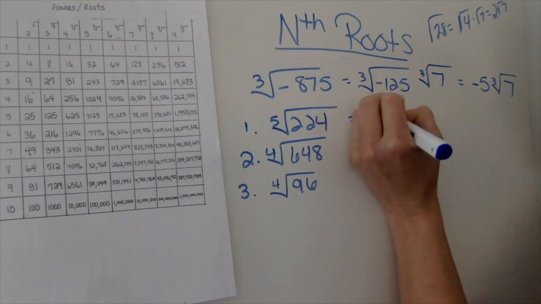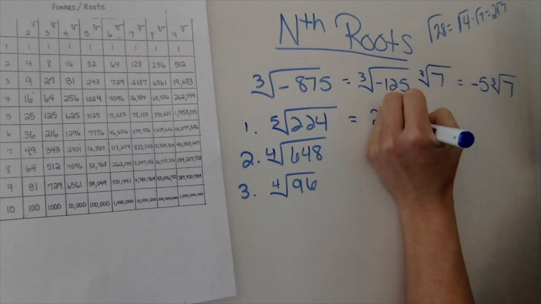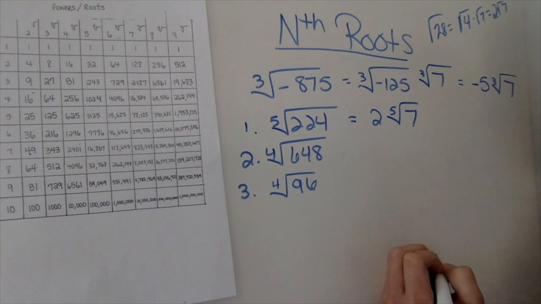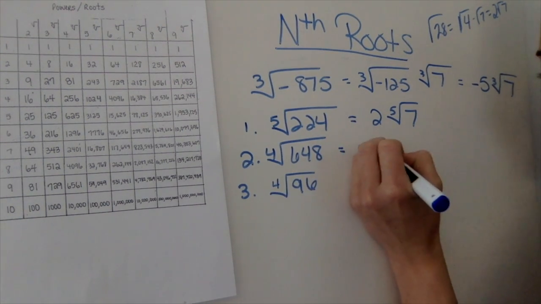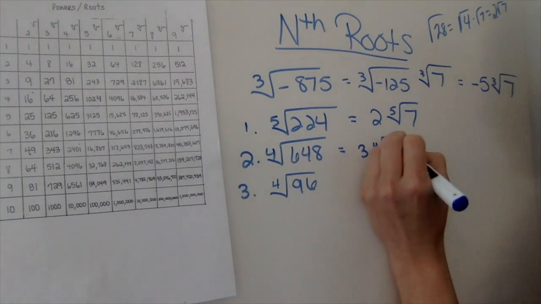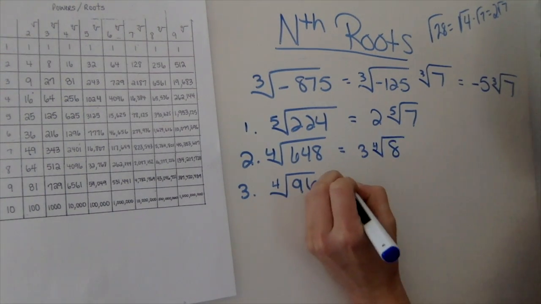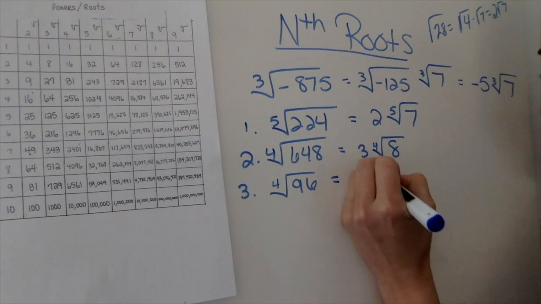Okay, so final answer, we get 2, 5th root of 7, 3, 4th root of 8, and 2, 4th root of 6.